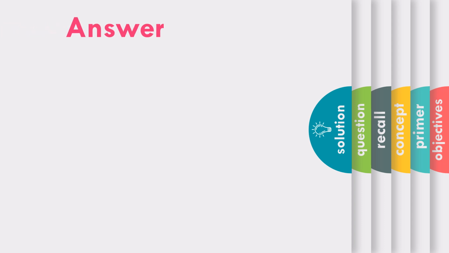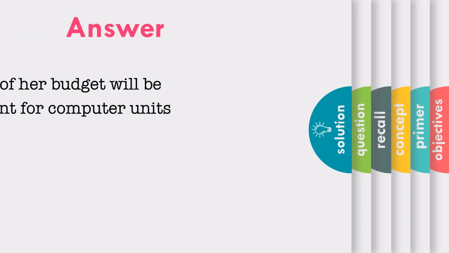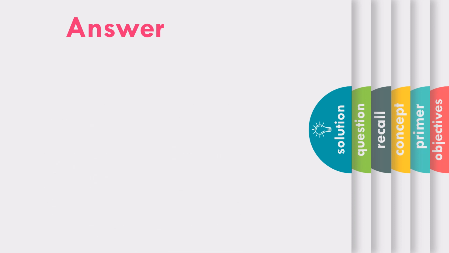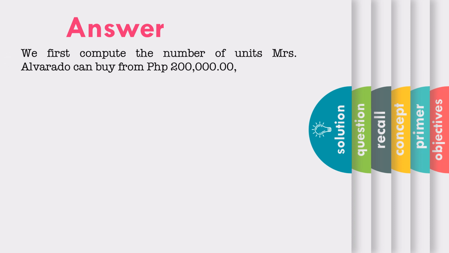The correct answer is 7 over 24 of her budget will be spent for computer units. Congratulations! You have answered it right. If not, let's go back to the steps on how we arrive at the correct answer. First, we compute the number of units Mrs. Alvarado can buy with 200,000 pesos.